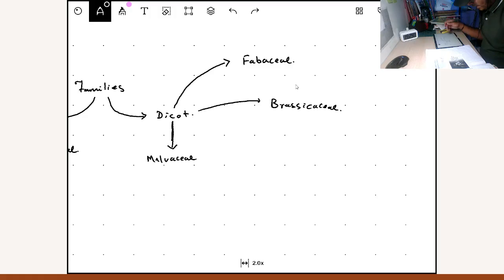We have Fabaceae, we have Brassicaceae, we have Malvaceae, we have Leguminaceae. Is Brassicaceae in syllabus? Yes, it is. I think Cruciferae. We have five. Why are there like six? Malvaceae, Cruciferae, Leguminaceae, Compositae, Graminae.